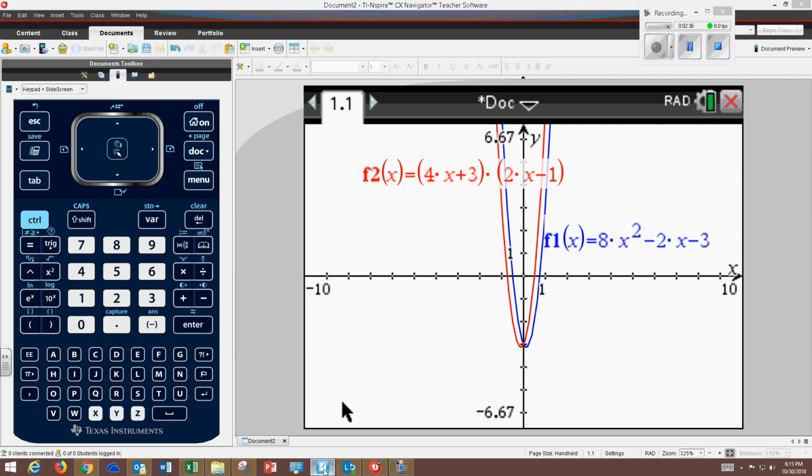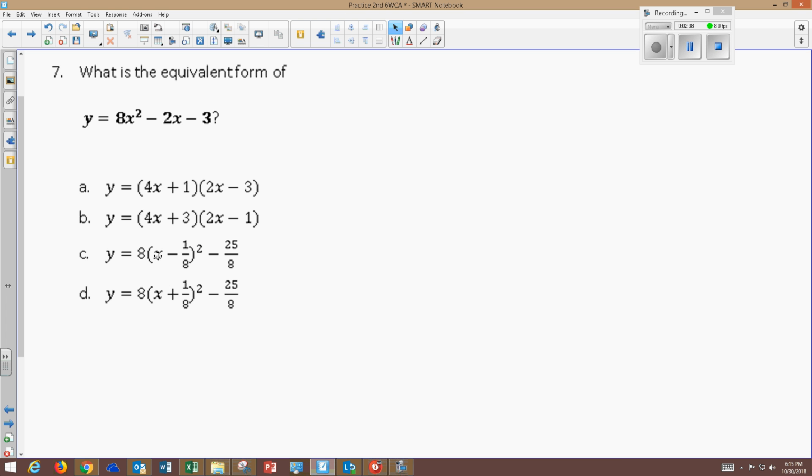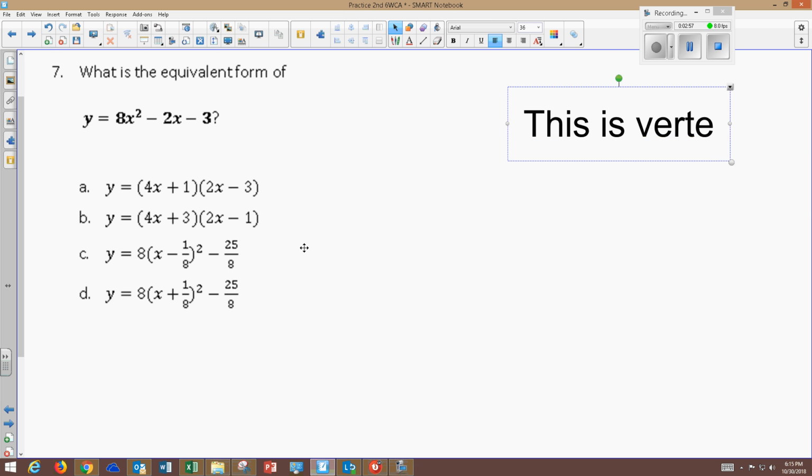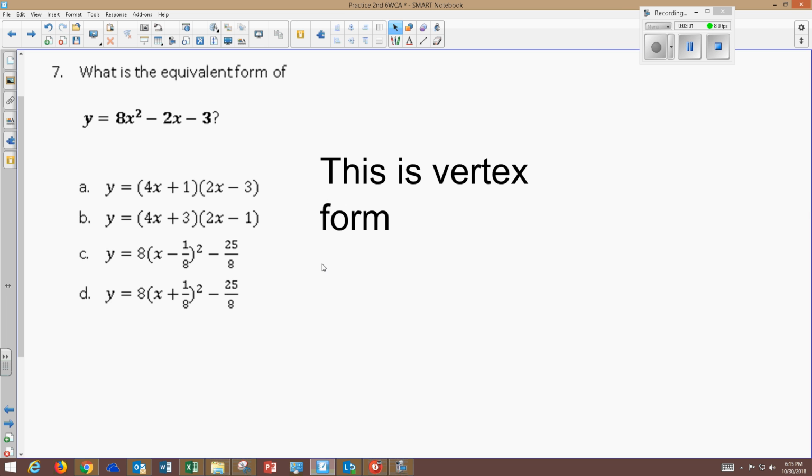So let's go back. And now I got y equals 8 times x minus 1/8 squared minus 25 over 8. So what this is, vertex form. All right.